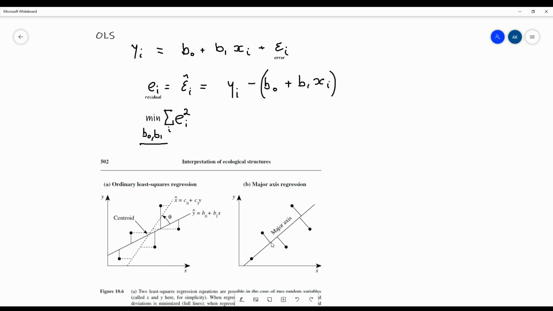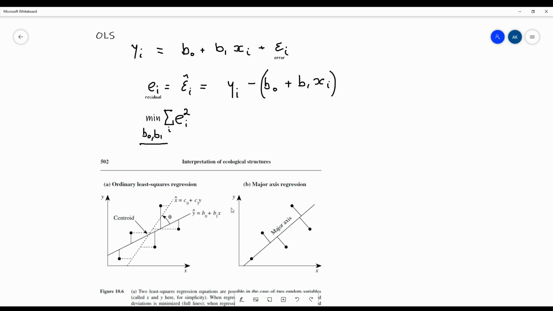The perpendicular line is the shortest distance from the observed point, or any point, to a line. So in this regard, you see we are treating x and y equally, and that's what I meant by equal in the beginning of this module. The x and y are entering the relationship on equal terms.